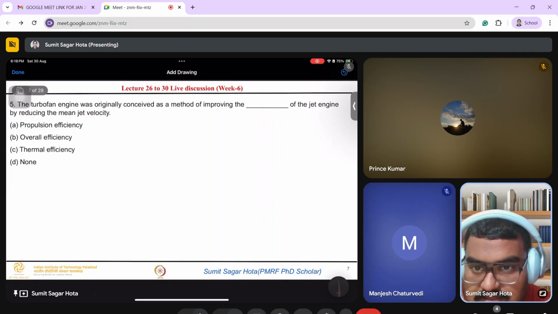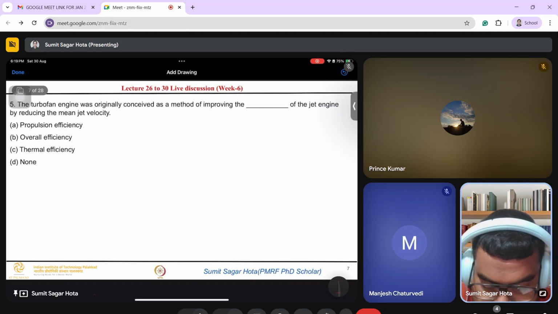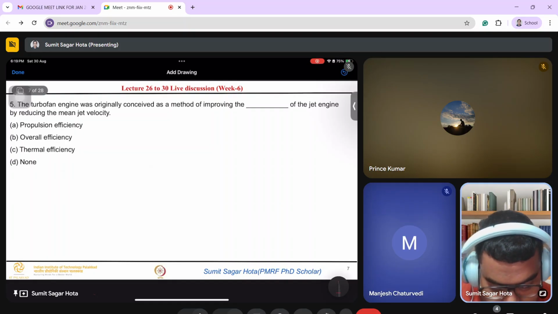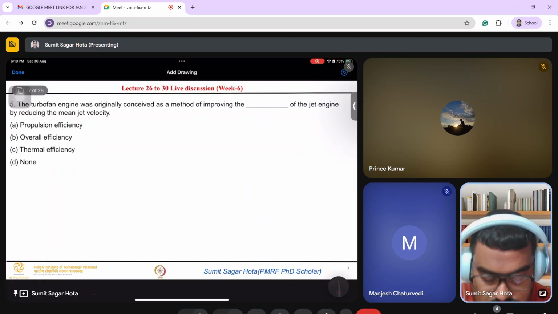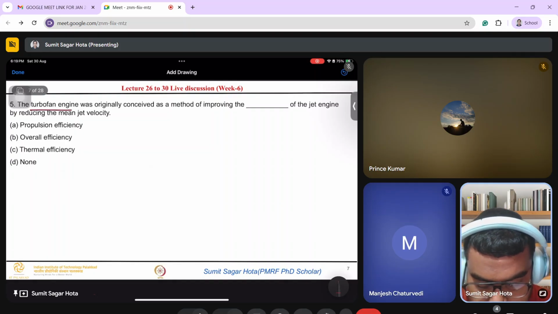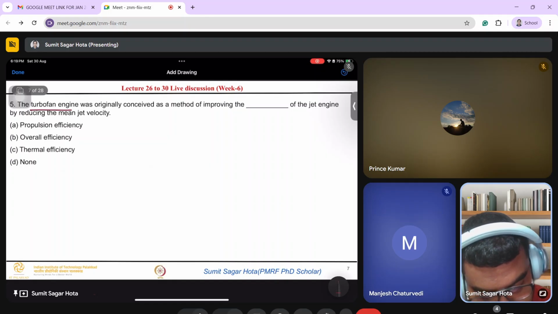The turbofan engine was originally conceived as a method of improving the dash of the jet engine by reducing the mean jet velocity. So, talking about the turbofan engine, what are the methods of improvement?